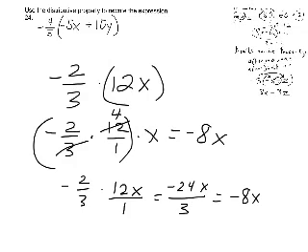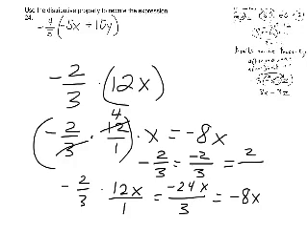Negative 2/3 either equals a negative 2 over 3 or it equals 2 over a negative 3. Because remember, the fraction bar means divide, right? So a negative divided by a positive, or a positive divided by a negative, is a negative.